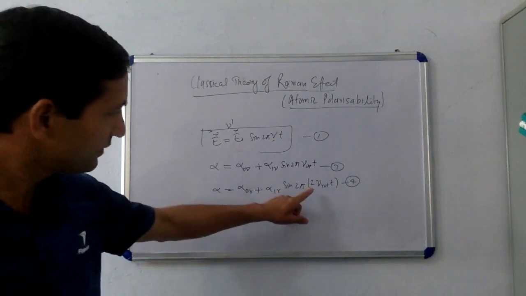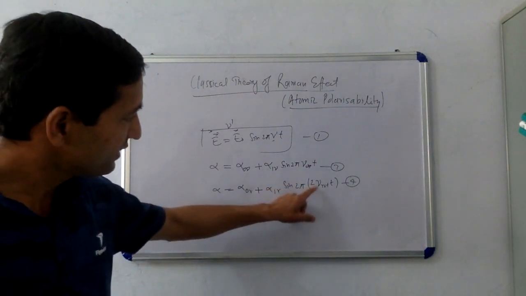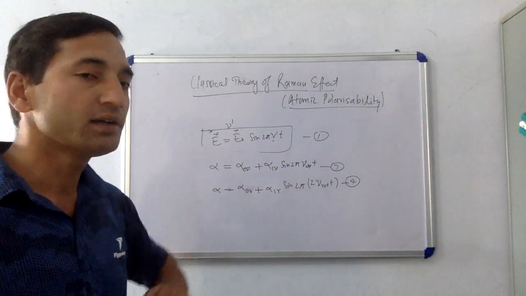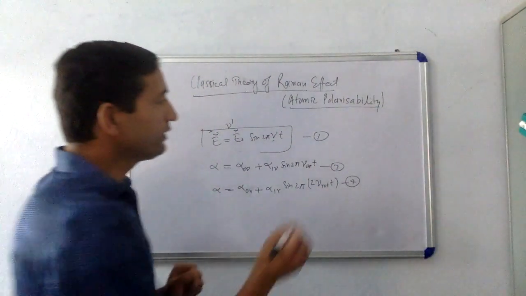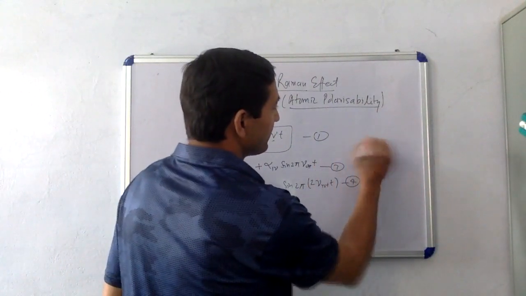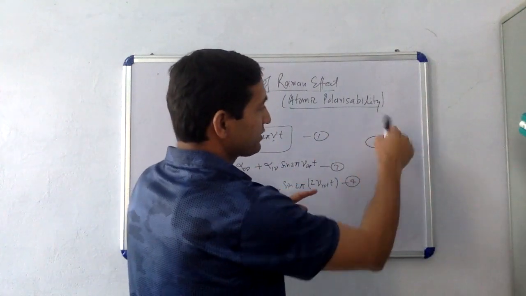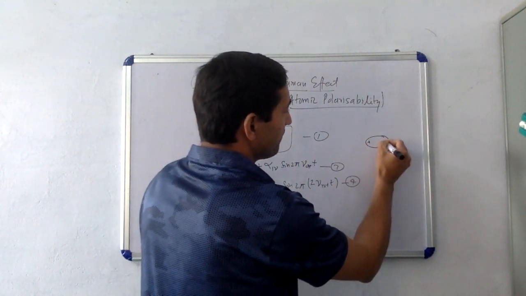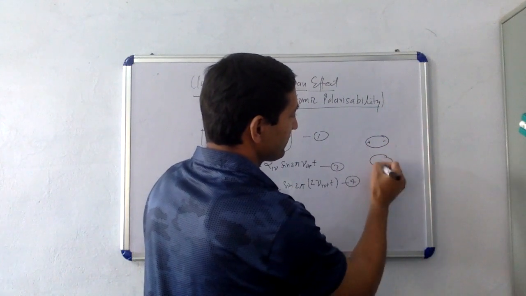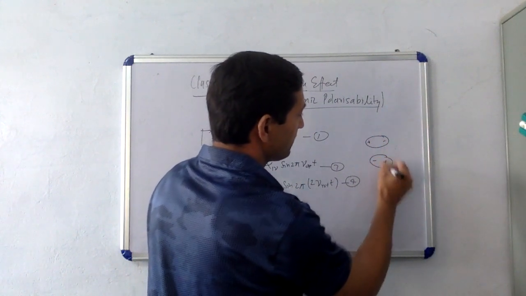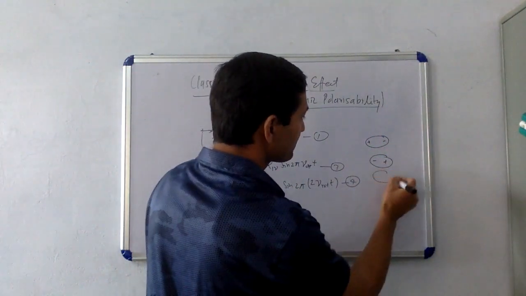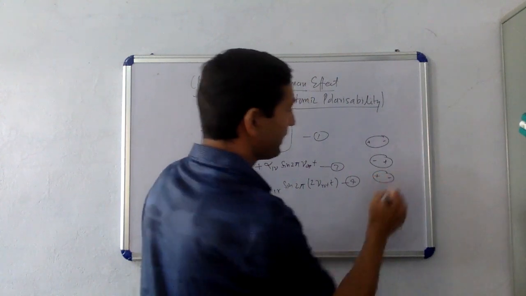Now here, you just notice that I am putting this 2 nu t, because in one rotation, if you have a molecule rotating, this is plus of minus, suppose, then the next one it is the minus of plus, and again coming to its initial place, this is plus of minus.